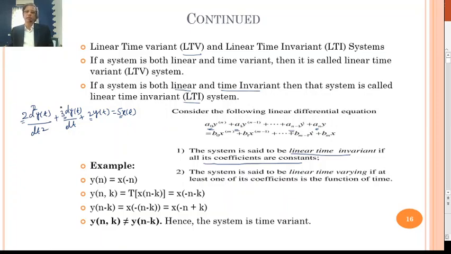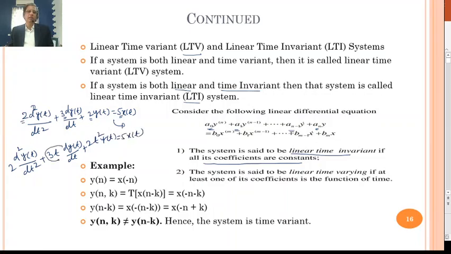But if a coefficient is a function of time, then that system is a time variant system. Like this: I take the same example, with 2 as the first coefficient, and if the second coefficient is 3t, dy(t)/dt, plus 2t² y(t) equals x(t).